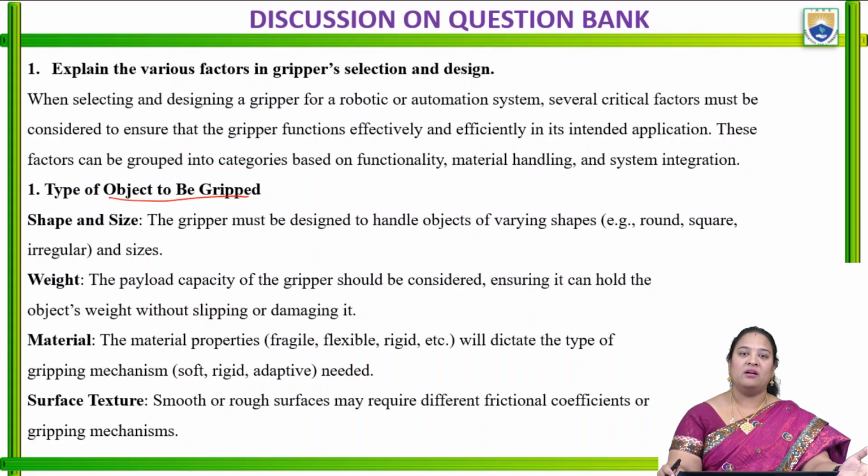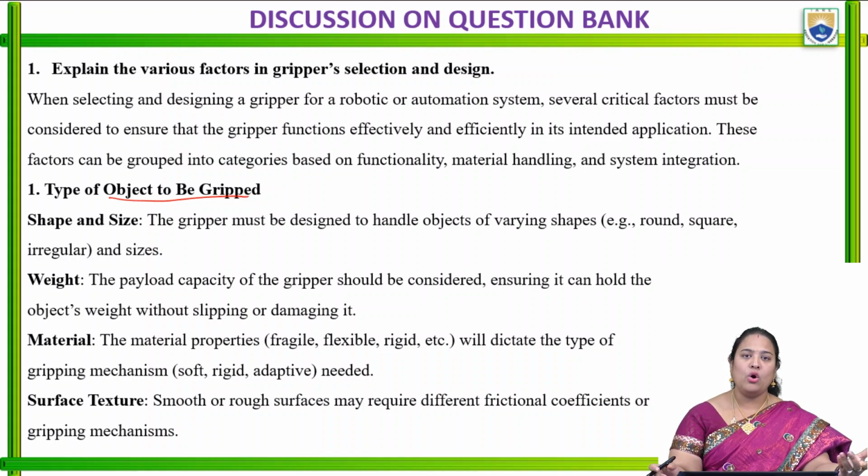If we are working in a large scale industry where you have large production quantities to be handled, there you require a large size of end effector, that is a gripper. Whereas when you go for electrical circuits, as I've told you, there you require a very minute, small type of magnetic gripper.